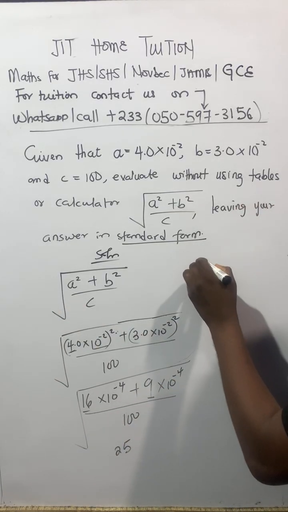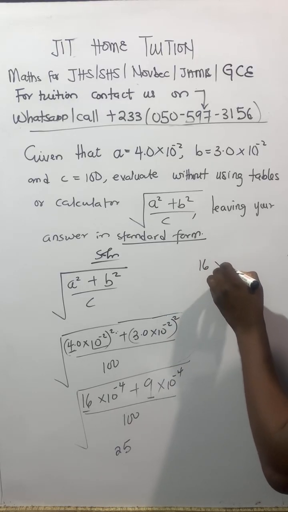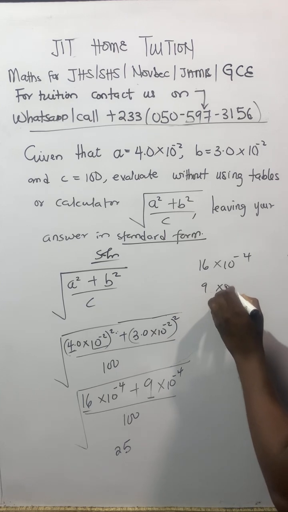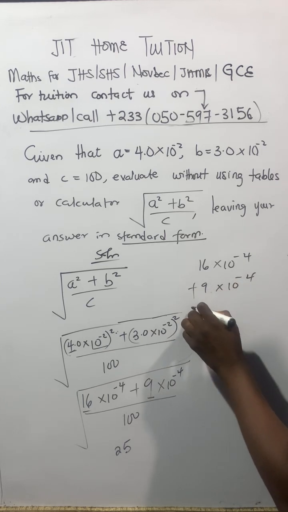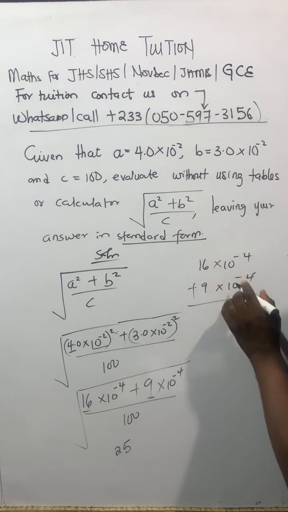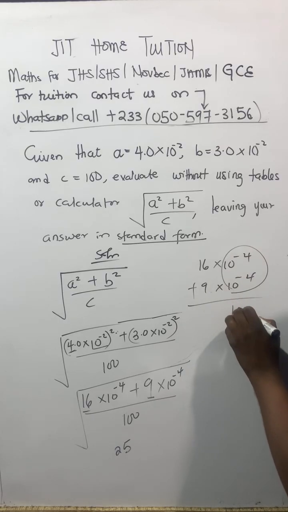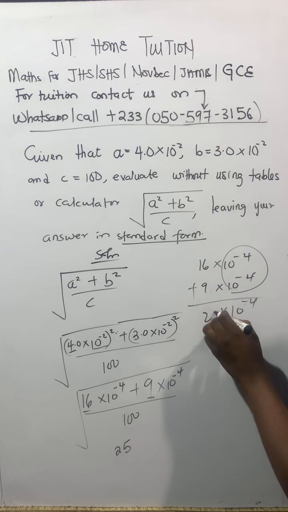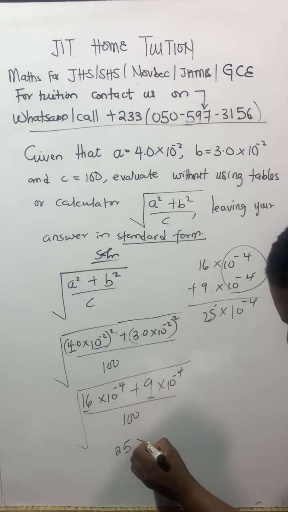So let's say you have 16 times 10 exponent negative 4 and 9 times 10 exponent negative 4. They are adding. What you do is write one of them, since they are the same. So you have 10 exponent negative 4, then you add this one, that will become 25. And so that is what you have over here.